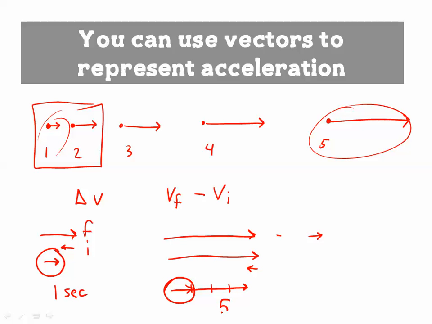In the first example, my time interval was 5 minus 1, which was 4 seconds. That's why I divided it into 4. I know I wasn't quite clear about that, but hopefully you realize why I had to divide that, because it was over a 4-second time interval.